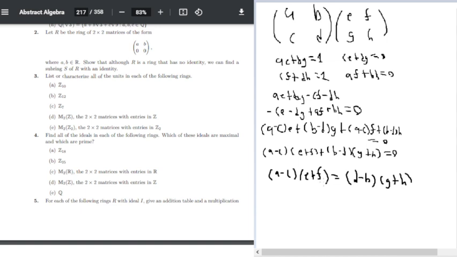It's close to being true, because we also have the conditions that these things evaluate to 1. Oh, shoot.